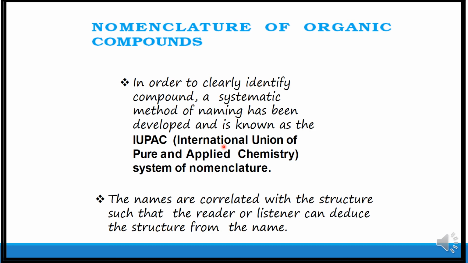Children, the IUPAC system is the standard system. In order to clearly identify the compound, a systematic method of naming has been developed, and this systematic method is called the IUPAC system or International Union of Pure and Applied Chemistry system of nomenclature.